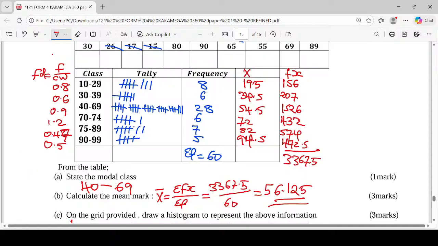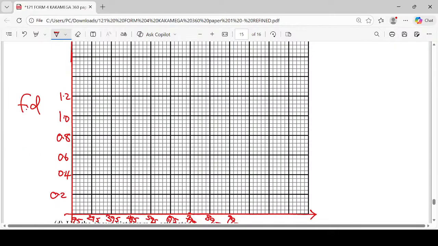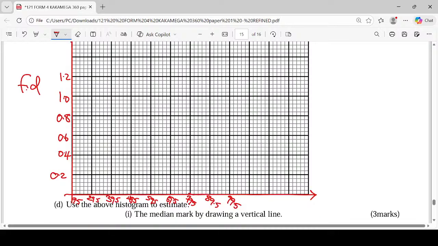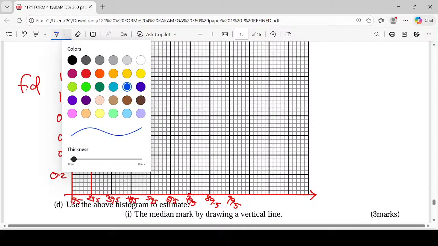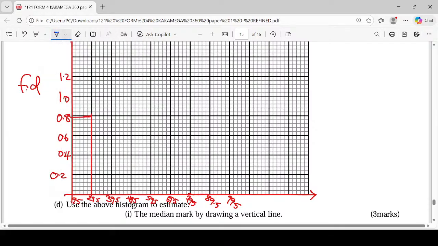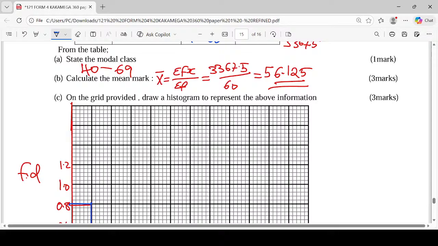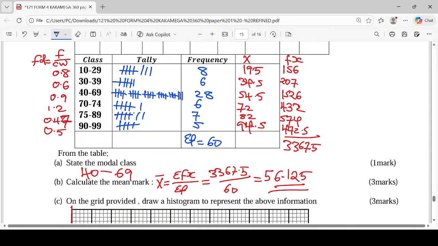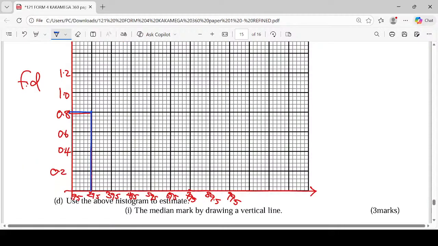I began with the lowest, that's 9.5 to 29.5. The frequency density is 0.8. So allow me to draw the 0.8 here. The next is from 30 to 39.